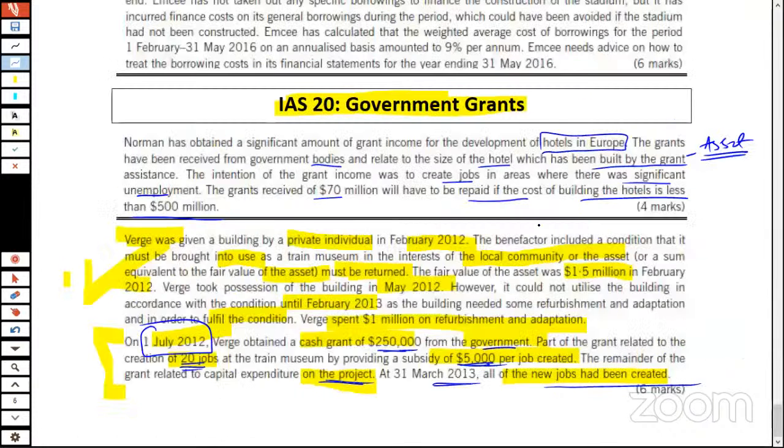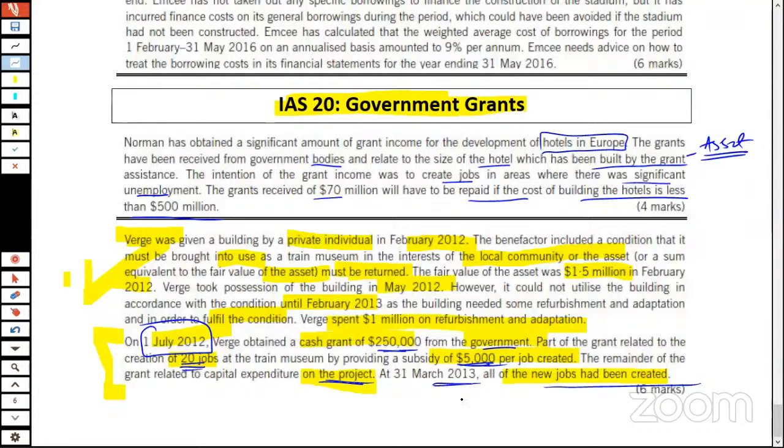Now, what is the condition? Is there any condition? Okay, the jobs have been created.